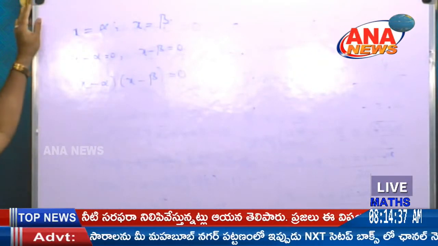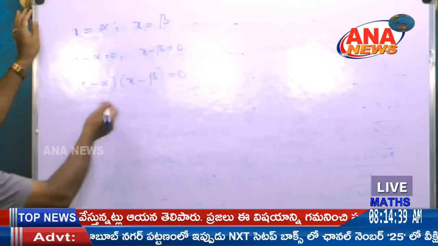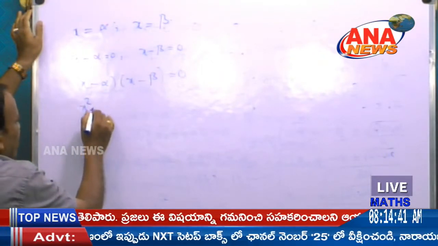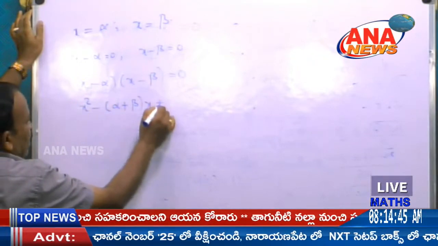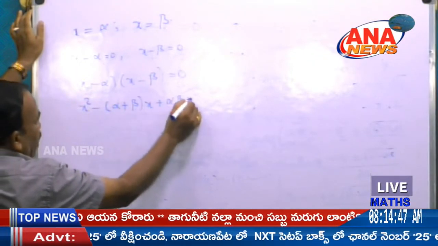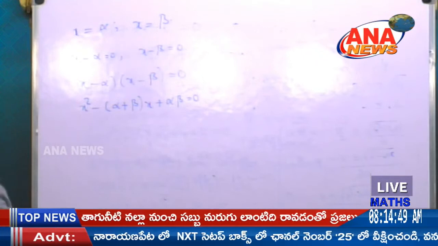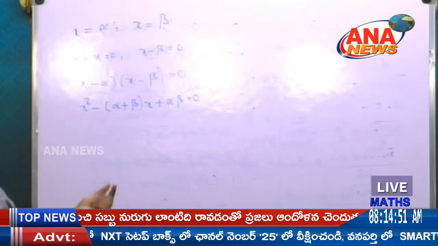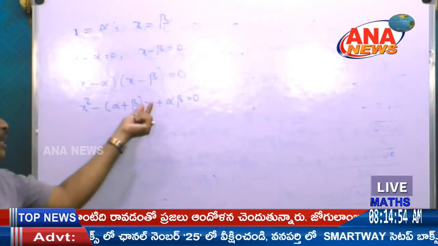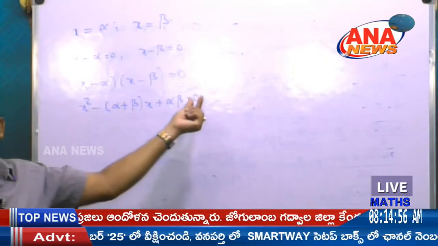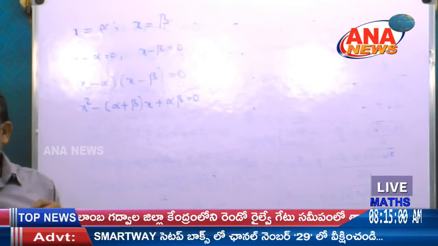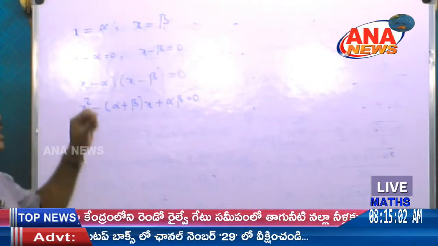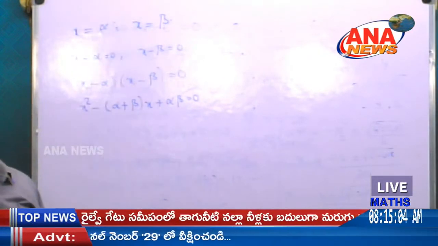Multiply that: x square minus (alpha plus beta) into x plus alpha beta is equal to 0. This is the second degree equation, the quadratic equation, by using the given two roots alpha, beta.